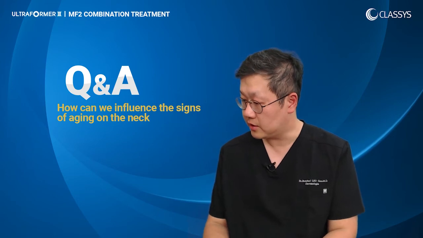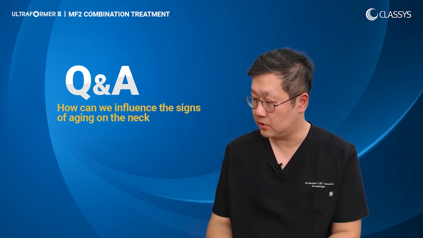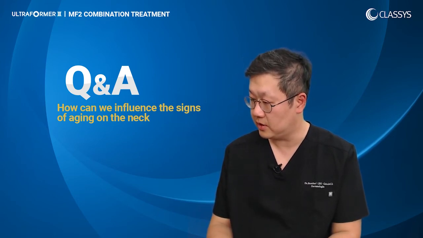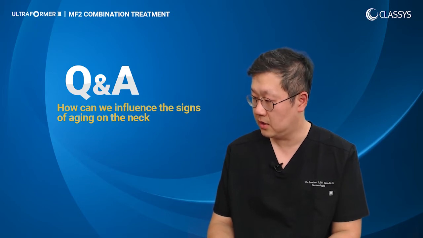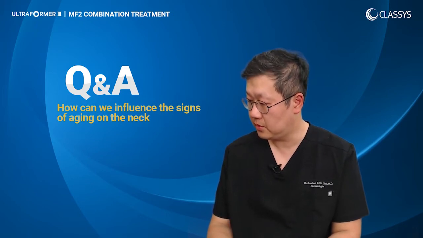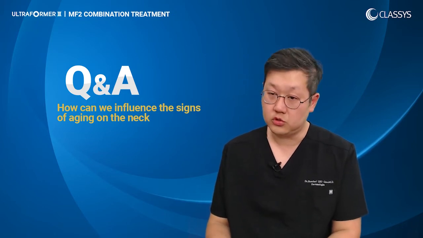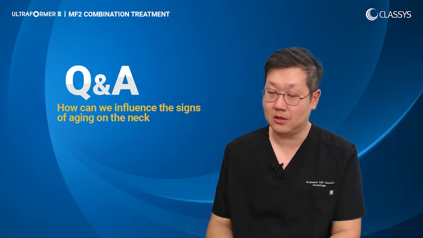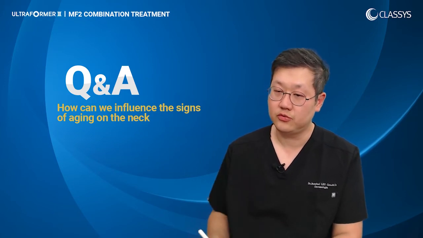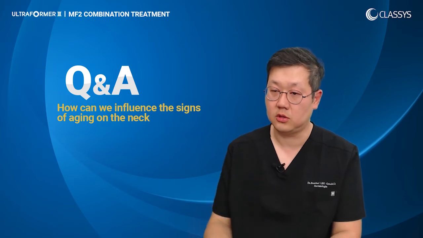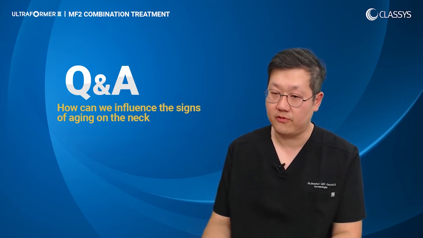And the next question is, is it necessary to apply anesthesia with MF2 or not? And also, is it okay to do the pulses over the trachea? Usually, MF2 does not reach the trachea, so you don't need to worry about that. If you push hard with the tip, maybe you can affect it, but with the pressure, not by the HIFU.